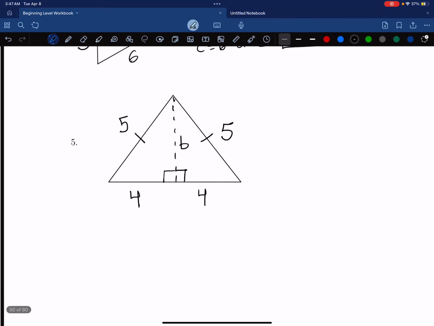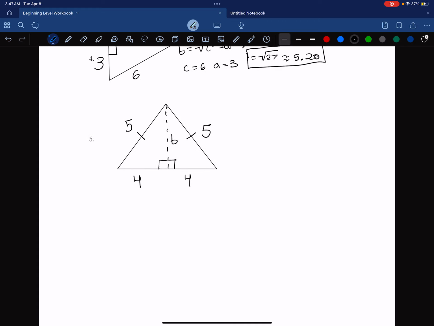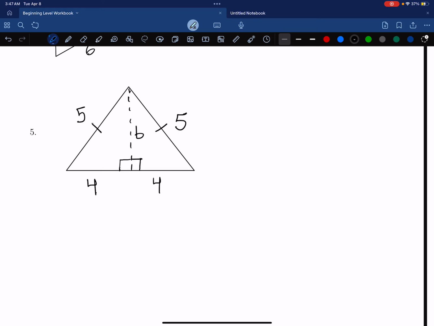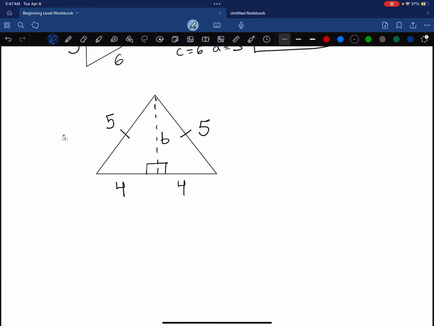Now, looking through our very last example of Module 5, we have this triangle here. Now, it is important to realize that we have a right angle here and a right angle here. And this side length here is 5, and this side length here is also 5. And this length here is 4, and this length here is also 4.